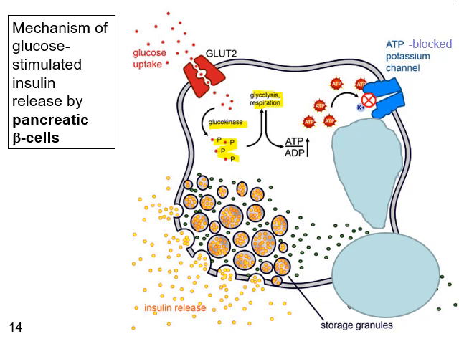Glycolysis of glucose produces pyruvate. Pyruvate then is oxidized into, well, CO2, NADH, and acetyl-CoA. Acetyl-CoA then becomes the substrate for the Krebs cycle.